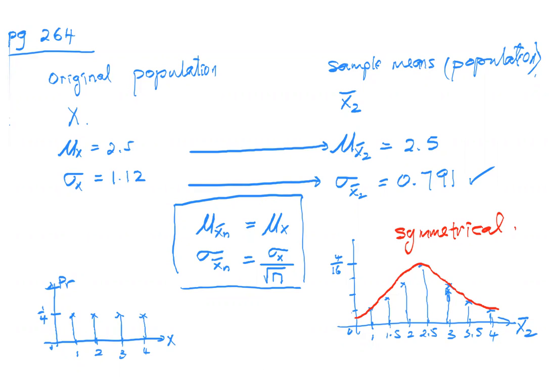Suppose x is a random variable which is not necessarily normally distributed.